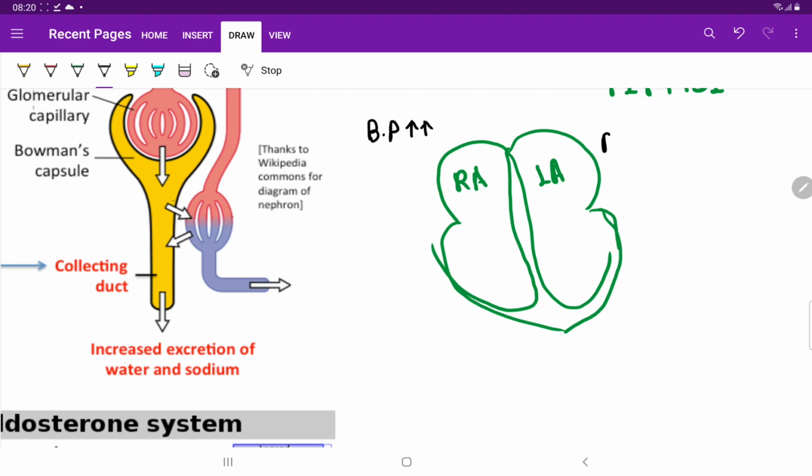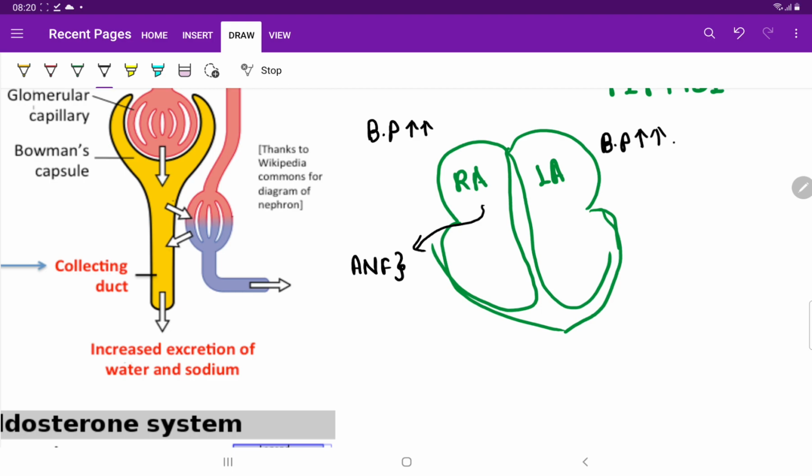The atria face some kind of stretching. Whenever blood flow increases, they stretch, and when they undergo this tension, they release this atrial natriuretic factor, ANP or ANF.